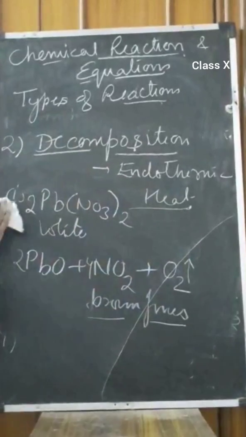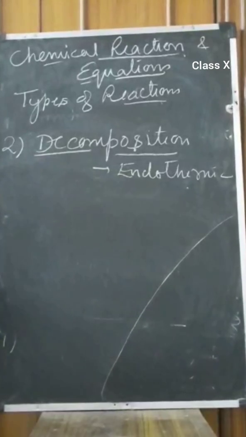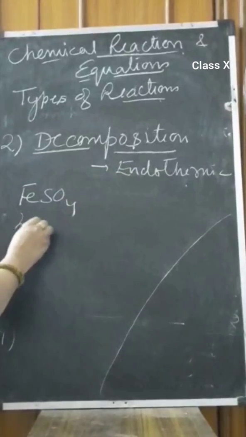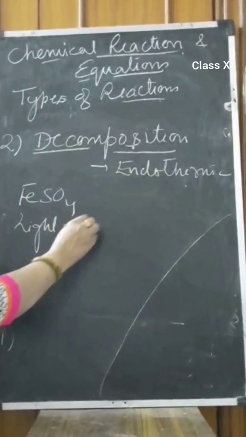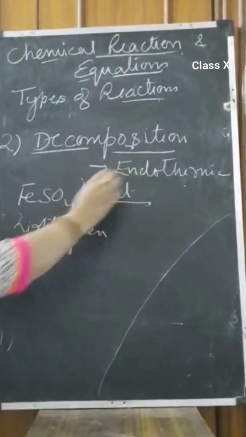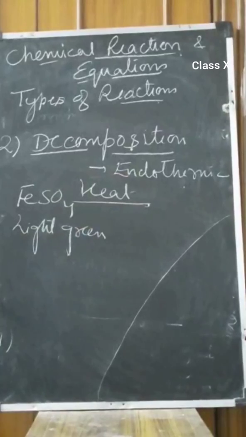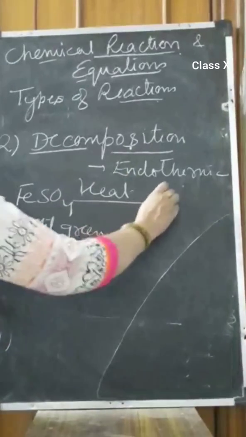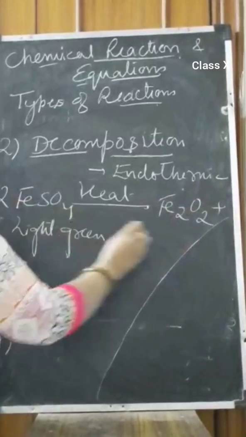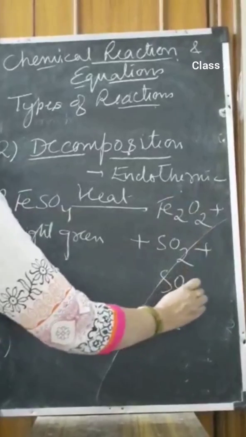The next example I can take is ferrous sulfate, FeSO4, which is light green in color. When heat is provided to this, ferric oxide, Fe2O3, plus SO2 plus SO3 will form.